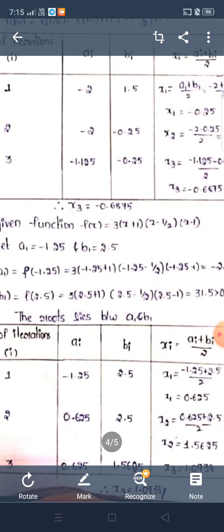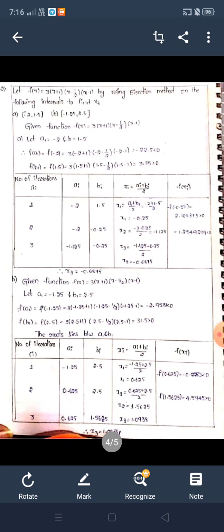Put i equals 2. a2 is equal to 0.625. b2 is equal to 2.5. x2 is equal to a2 plus b2 by 2, which is equal to 0.625 plus 2.5 by 2, which is equal to 1.5625. f of 1.5625 is equal to 4.5945.